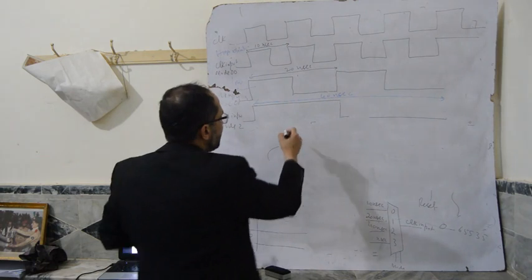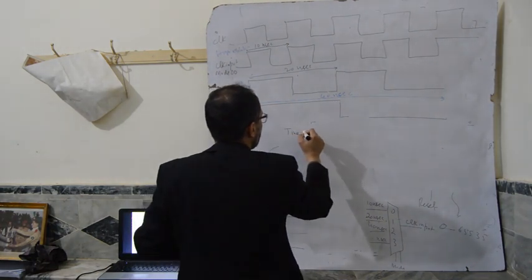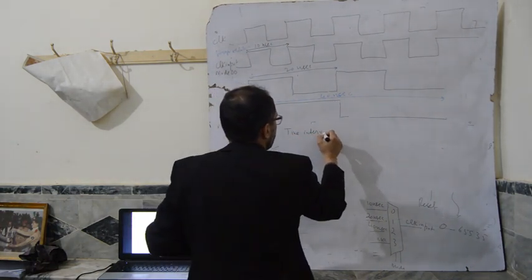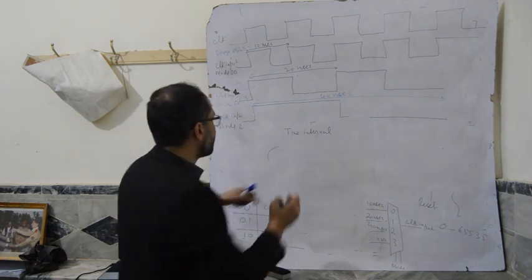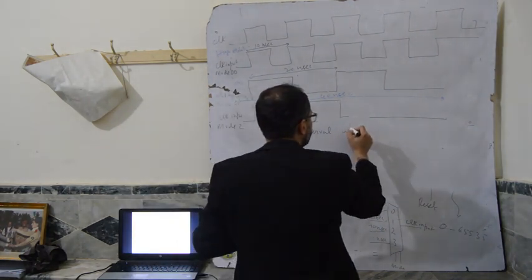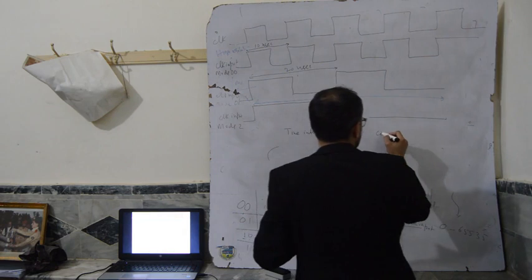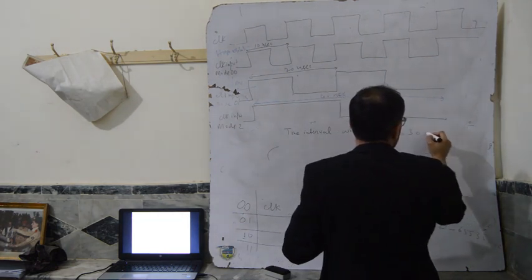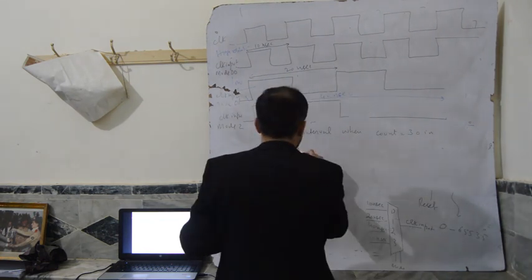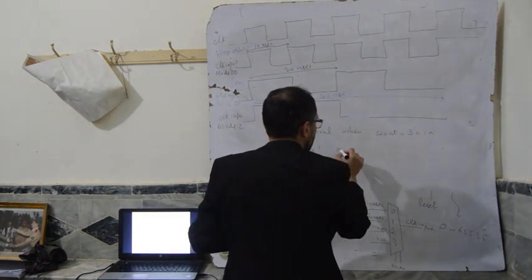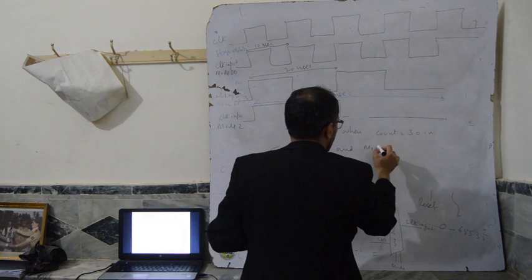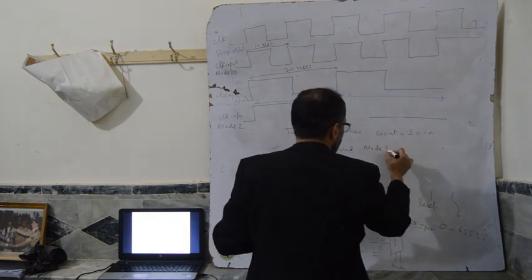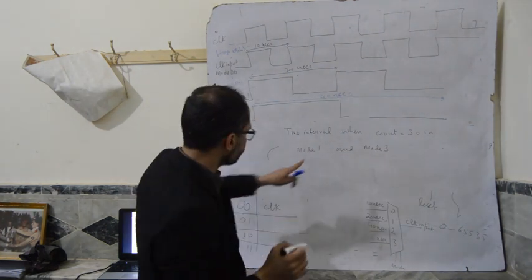What will be the final time interval when count is equal to 30 in mode 1 and mode 3?